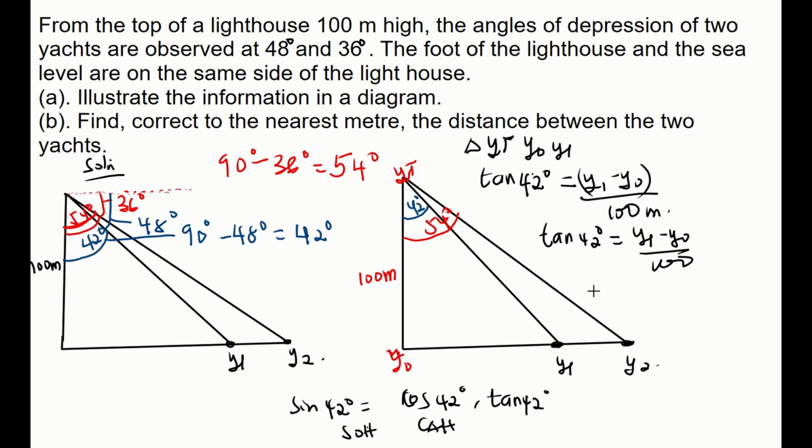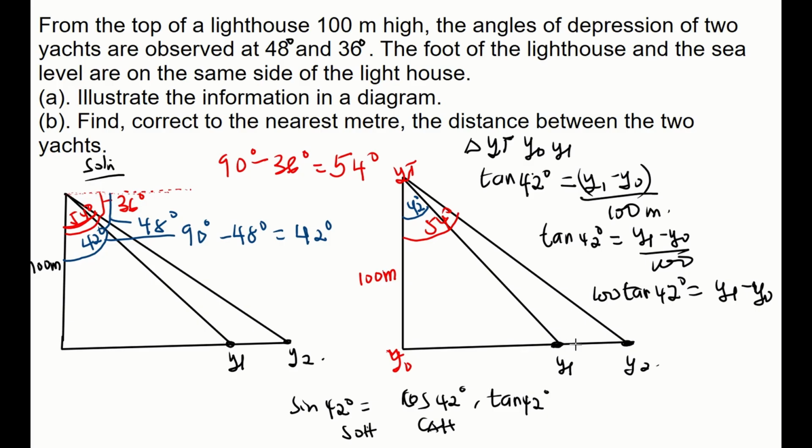Then 100 times tan 42 degrees is equal to what we are looking for, y1 minus y naught. That gives us the distance from the foot of the lighthouse to one of the yachts, yacht 1.